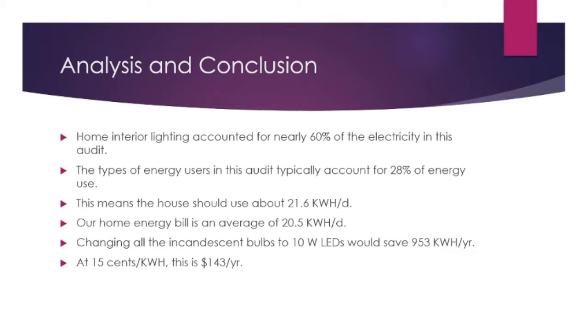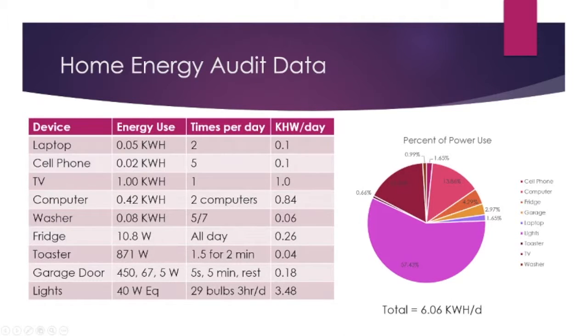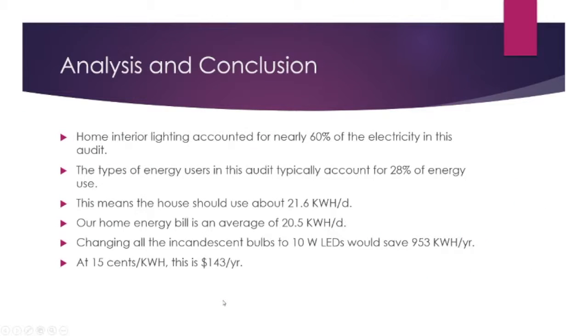So it's interesting that nearly 60% of the electricity in this audit is going towards lighting. As we saw, this was mostly incandescent bulbs, so 29 40-watt incandescent bulb equivalents. So this is going to be a problem area that we're going to see.